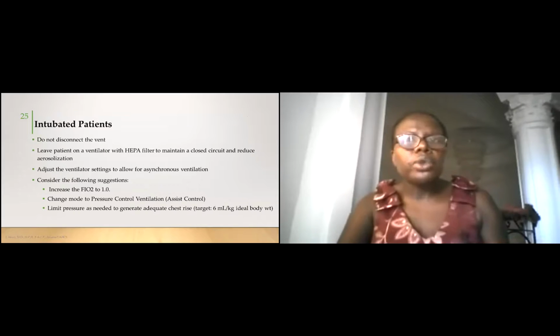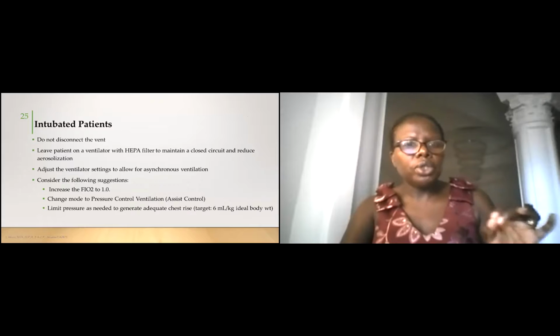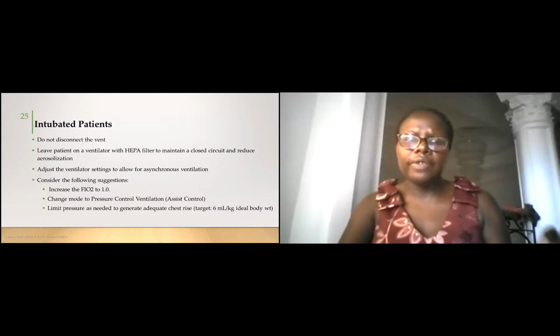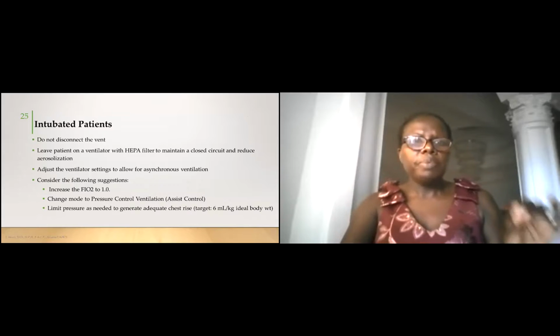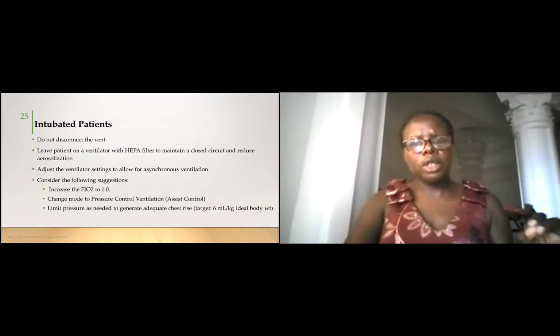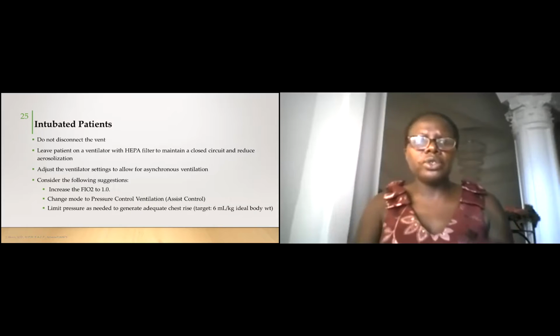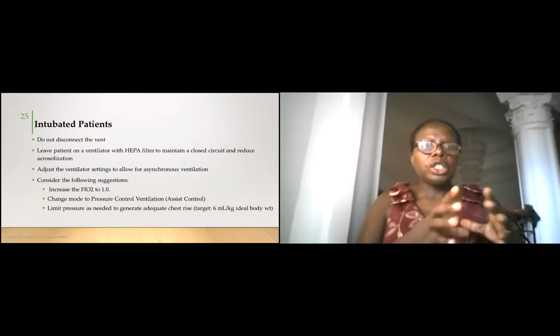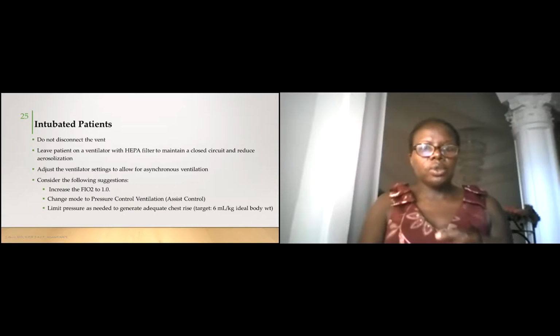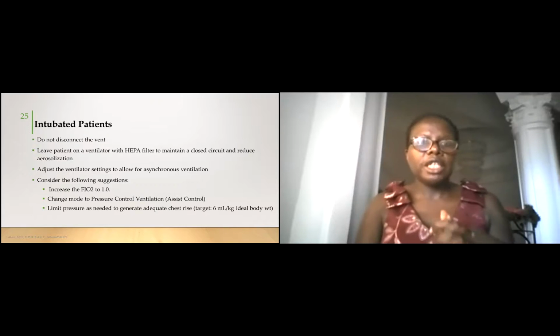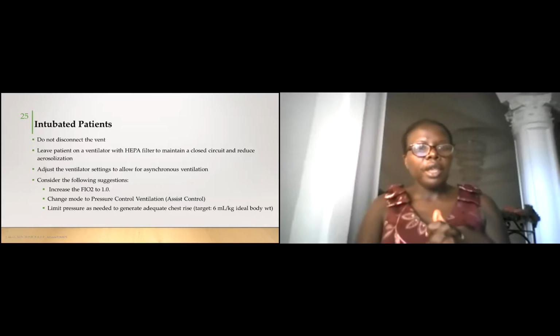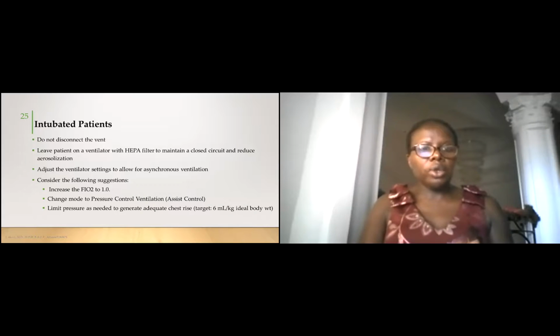If a patient is already intubated, you do not disconnect the vent for any reason. Leave that vent connected. You leave the patient on a ventilator with a HEPA filter to maintain a very closed circuit and reduce aerosolization. Adjust the ventilation settings to allow asynchronous ventilation, and then consider the following in these patients. You want to make sure that you increase your FiO2 to 100%.